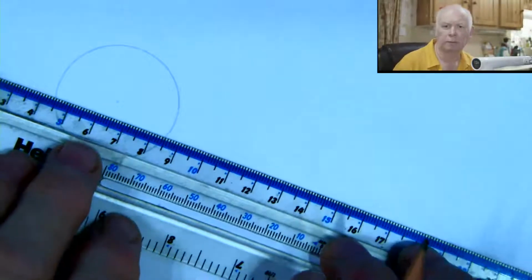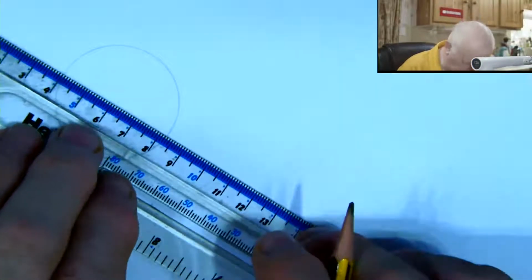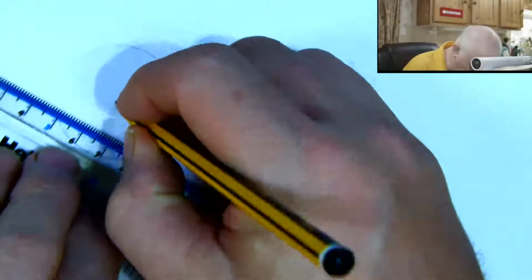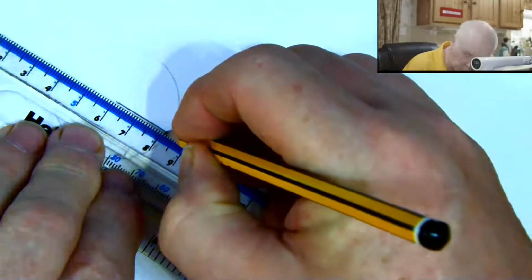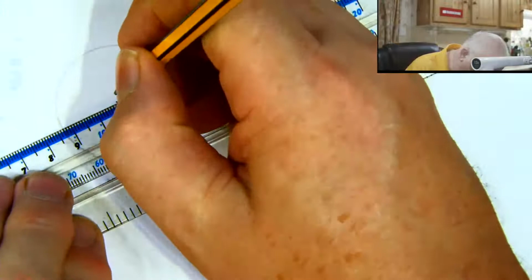We'll start off the same way. Well, it seems to have gone very blue. Don't know what we did to the light there.